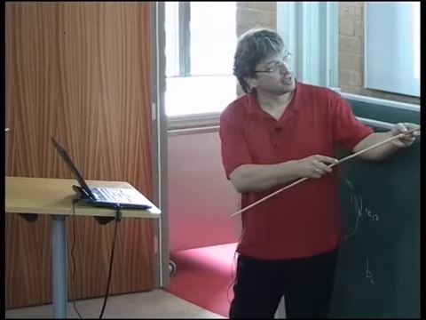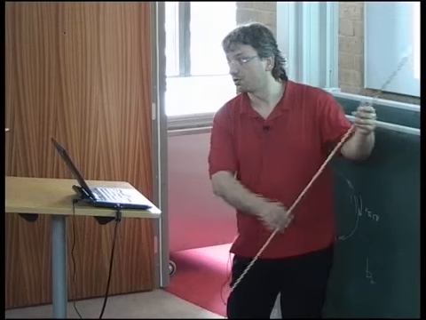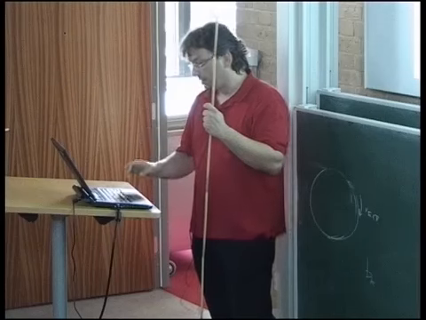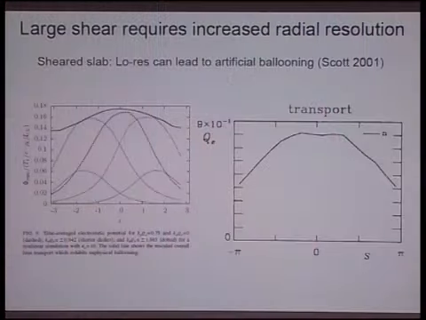Such an effect might be physical, but there are also effects that could cause numerical localization of modes. This is something that Bruce Scott pointed out to us, and he was questioning to some degree if the kind of paralocalization that we got was really physical or not.